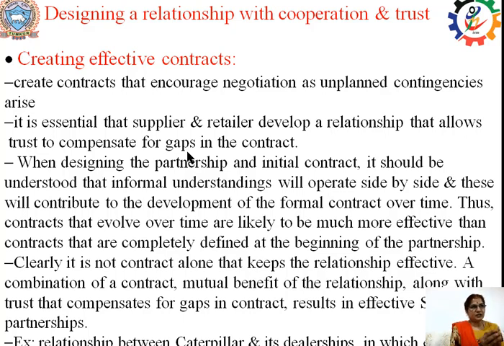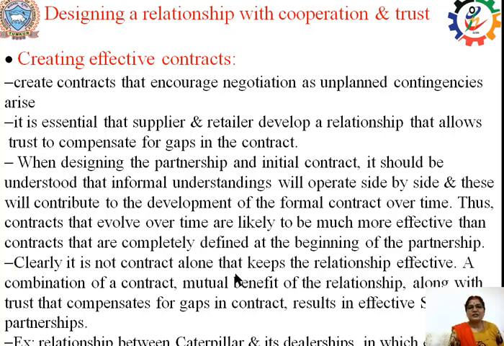Whenever an official contract comes into place, at the same time unofficial developments also take place, and whenever a gap arises, it should be filled properly, and both should have that mindset to fill it readily. So those things which evolve over time are much more effective, much more practical compared to the one which was established fully in the beginning, because nothing can be 100% completely done beforehand.